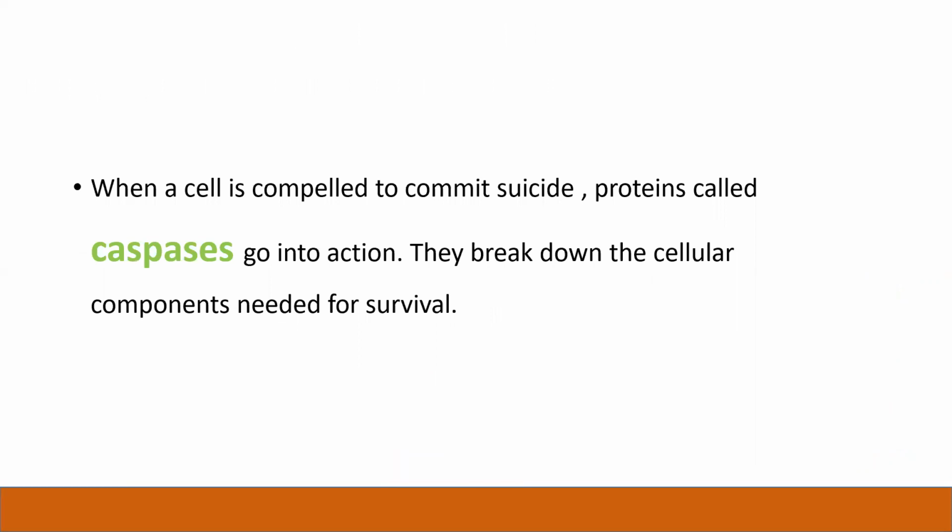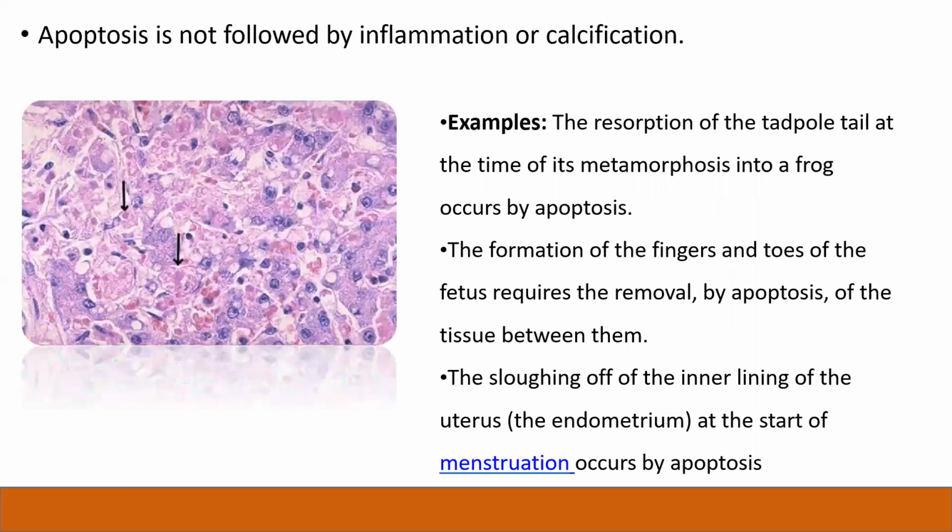When a cell is committed to suicide, proteins called caspases go into action. They break down the cellular components needed for survival. Apoptosis is not followed by inflammation or calcification. For example, the resorption of the tadpole tail at the time of its metamorphosis into a frog occurs by apoptosis.